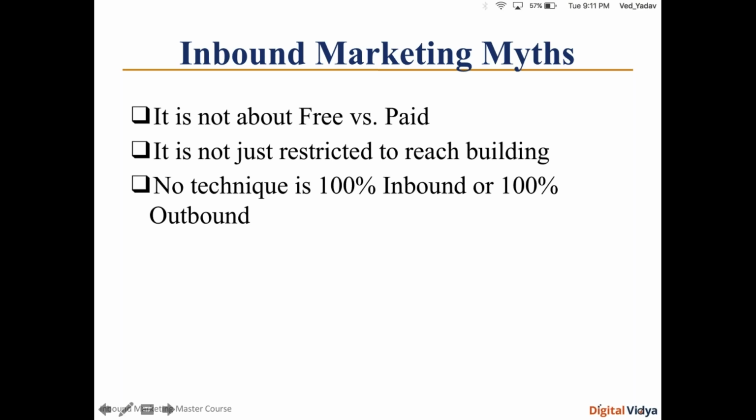So that's a bit of personalization, a bit of customization you will be doing in these outbound marketing channels as well. So no technique is 100% inbound or outbound. Based on the information that you have, you try to do more personalization. The better personalization you are able to do, the more inbound that particular technique is.